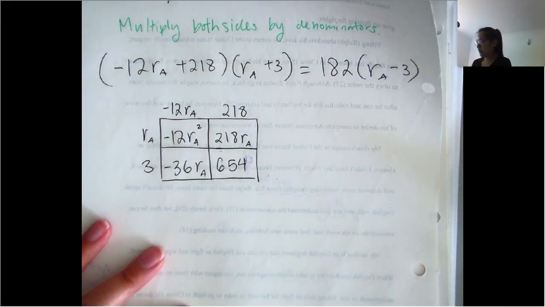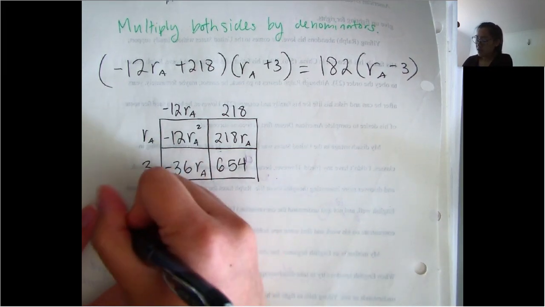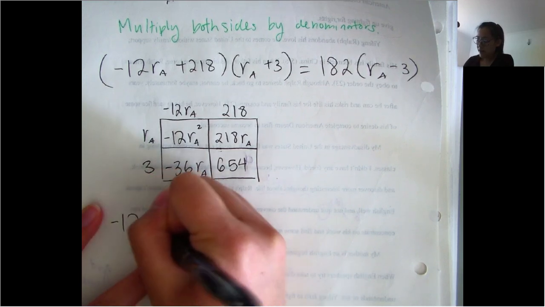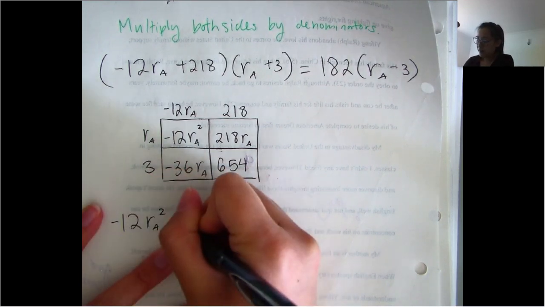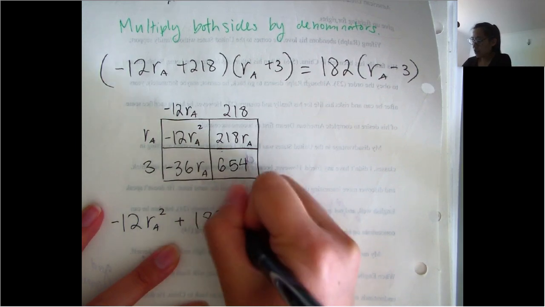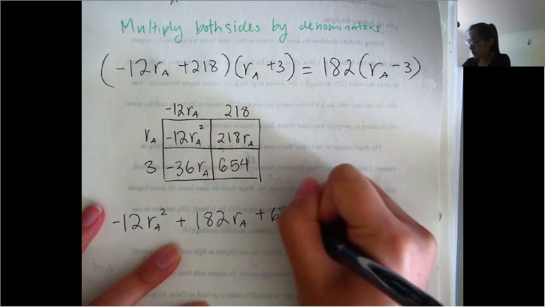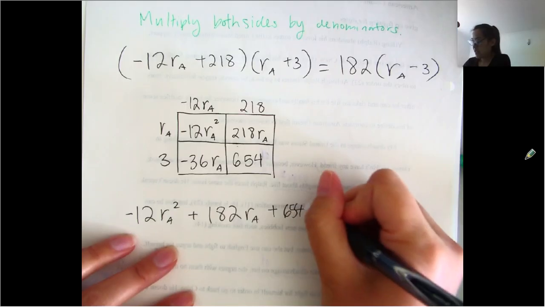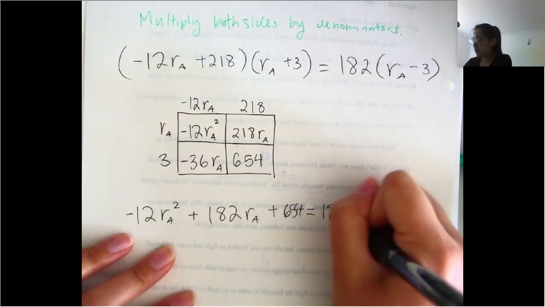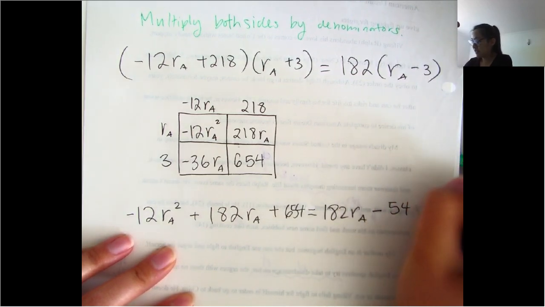So ultimately, what you're going to end up with is negative 12 R sub A squared plus 182 R sub A plus 654 equals 182 R sub A minus 546.